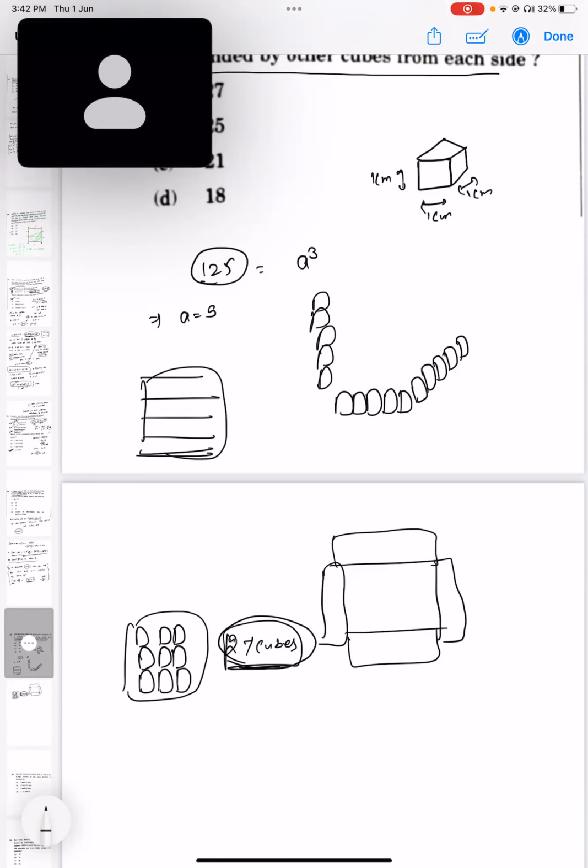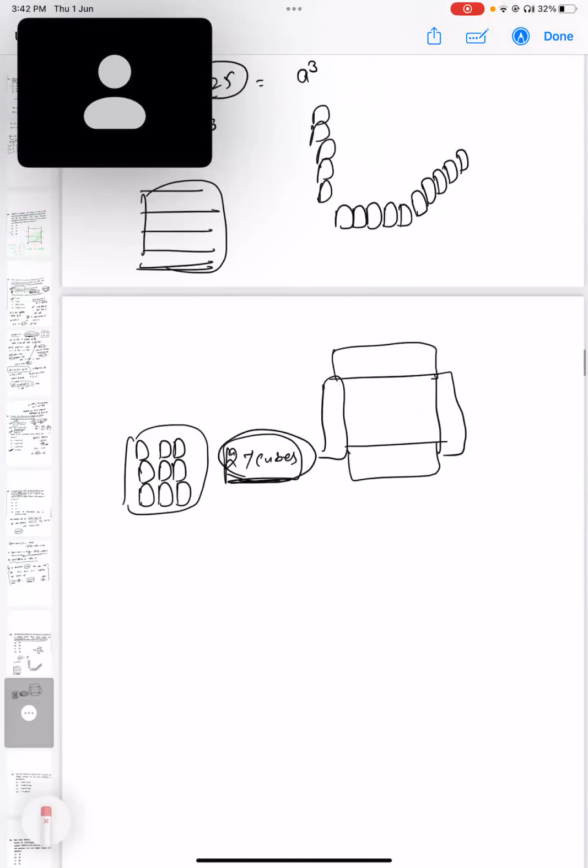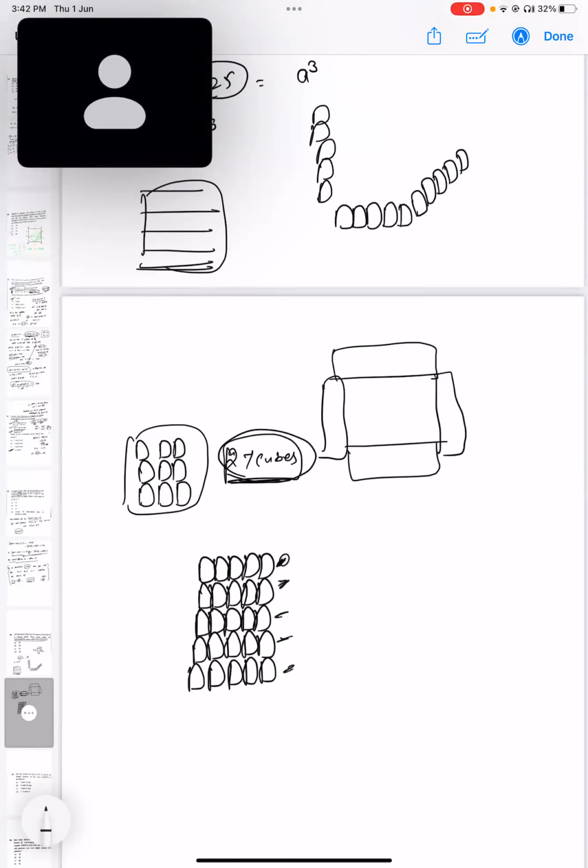Because initially we were having 5, 1, 2, 3, 4, 5 in each row. See, this cube is not surrounded by any cube from the right hand side. Similarly, this, and this, and this.